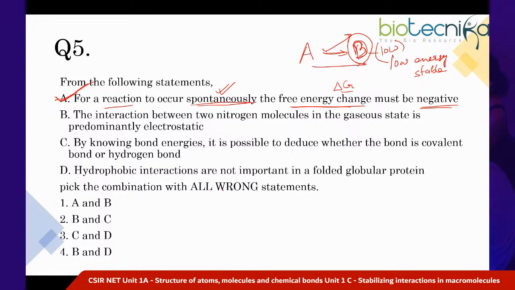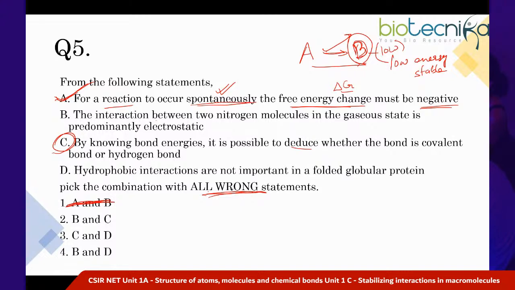So you have to select all wrong statements, which means this cannot be the answer. Let's see. First you tell me if this is correct or not. If we know the different bond energies of different bonds, it is possible to deduce, means find out, whether a bond will be covalent bond or hydrogen bond. Sunshine, it doesn't consume energy.